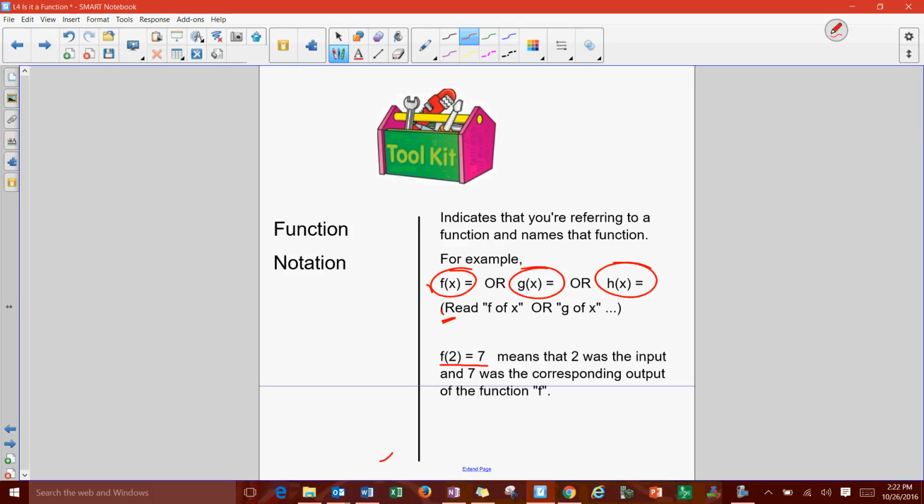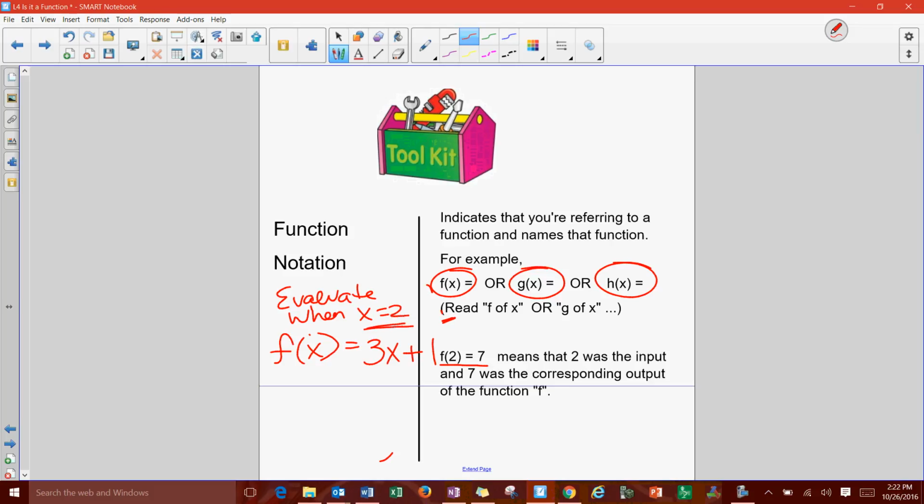Okay, so for example, let's say that my function is f of x is equal to 3x plus 1, okay? If my function is f of x equals 3x plus 1, and I were to say to you, evaluate when x equals 2.